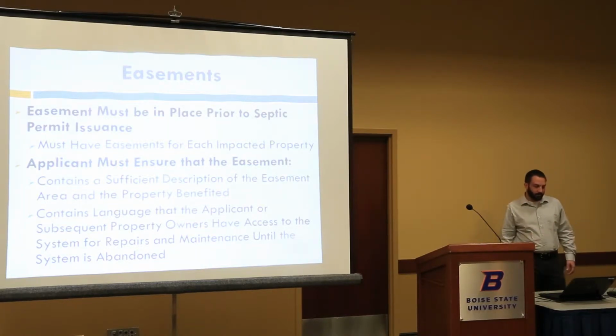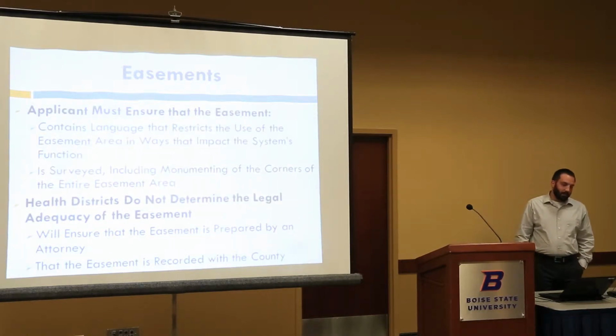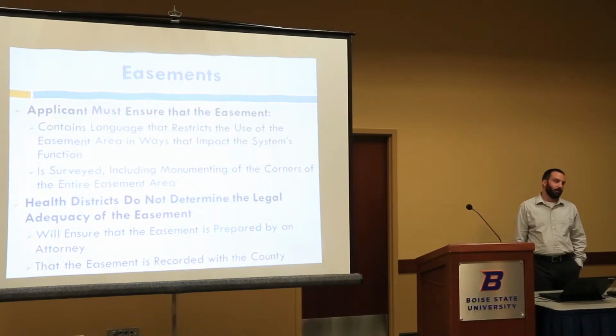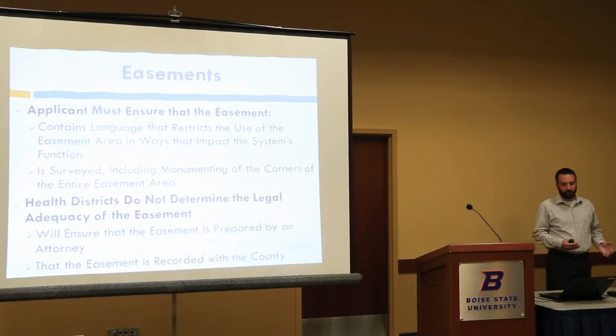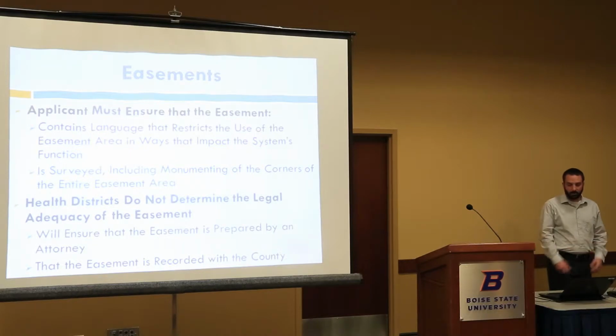Maybe they've figured something out for their own parcel. The easement also has to contain language that restricts the use of the easement in ways that impact the system's function. So if my neighbor has a dump truck, he can't use the easement area and park his dump truck on top of my drain field.